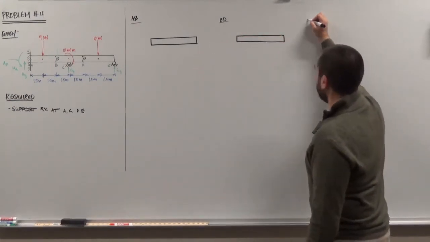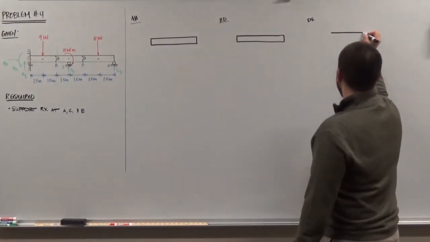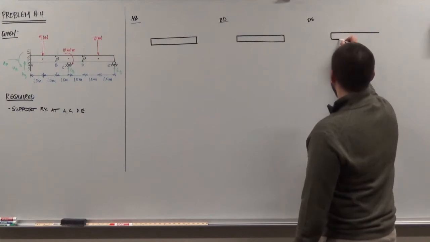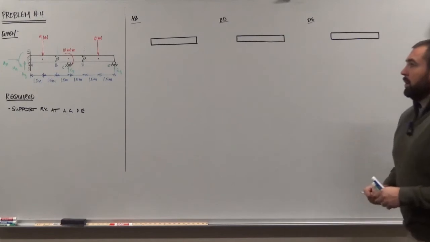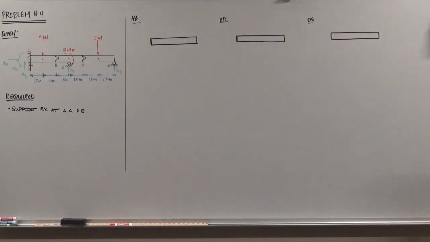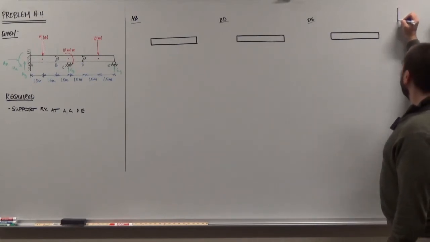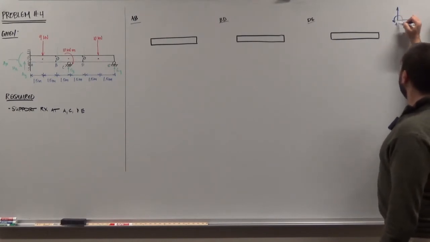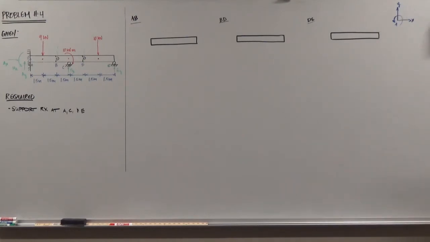And then we've got section DE, also just a horizontal beam. Okay, so that's just the outline of the member. We need to add things like support reactions, external loads, things like that. And just a note for all of these, I will use the exact same coordinate system, X positive to the right, Y positive up, and counterclockwise rotations or moments are positive as well.